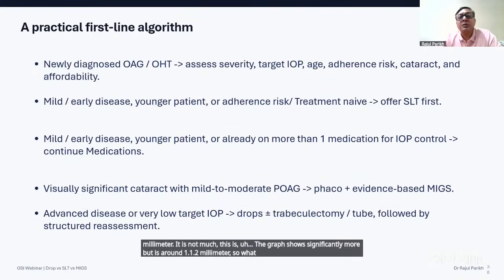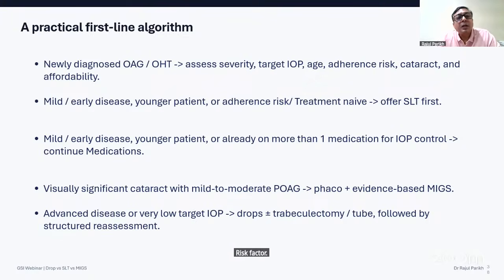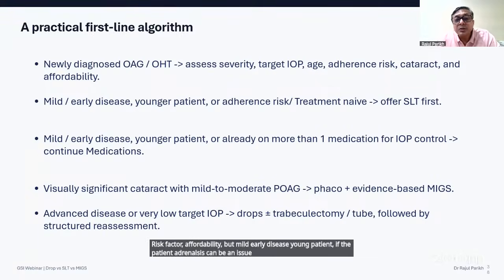So what I would consider as a practical algorithm: newly diagnosed ocular hypertension, where of course in every patient we would assess severity, target pressure, adherence, risk factors and affordability. But for mild early disease, a young patient, if adherence can be an issue or the patient is treatment naive, I will consider SLT as the first option.